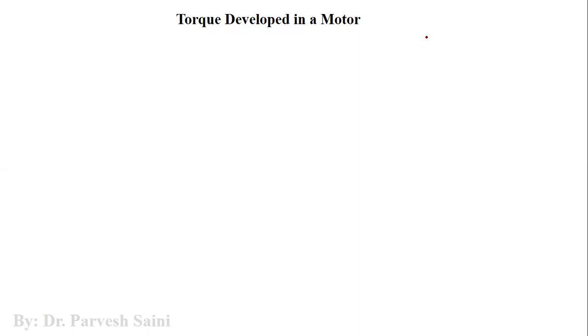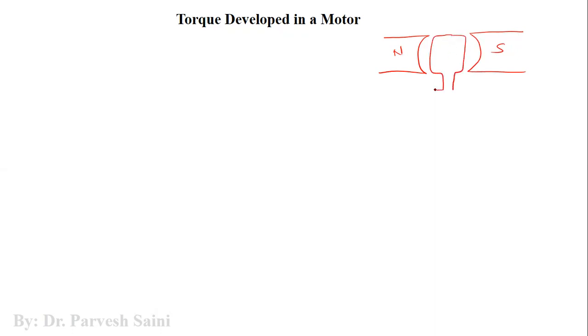In a motor, if we draw a simple elementary motor, we have, let us say, a north pole here, a south pole here, and a coil.